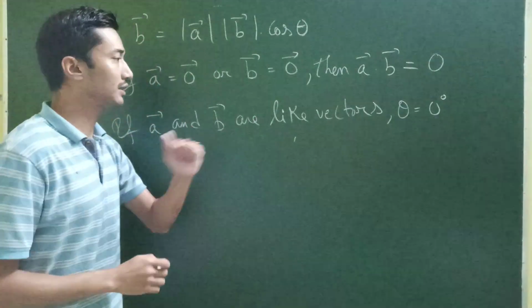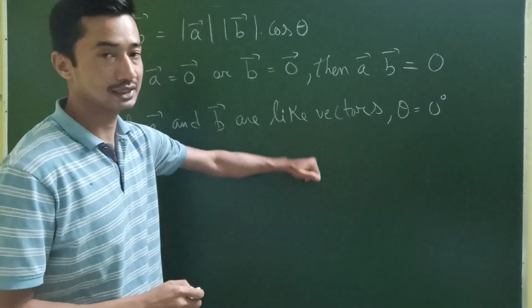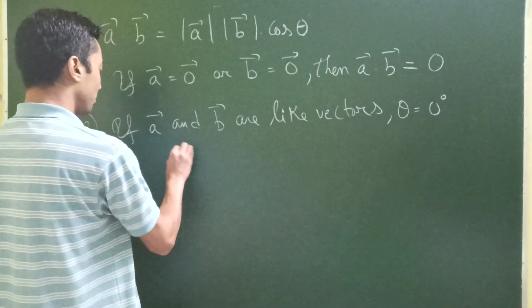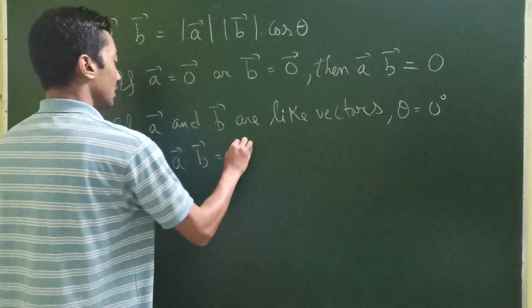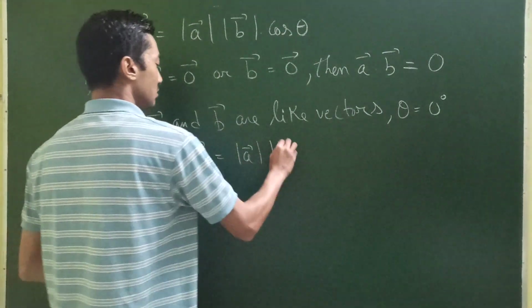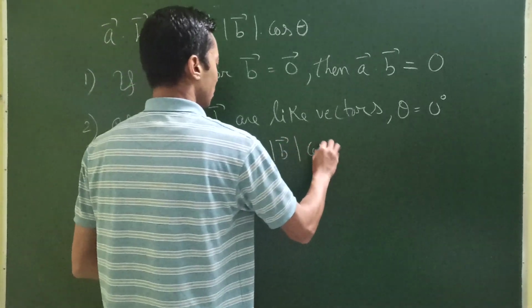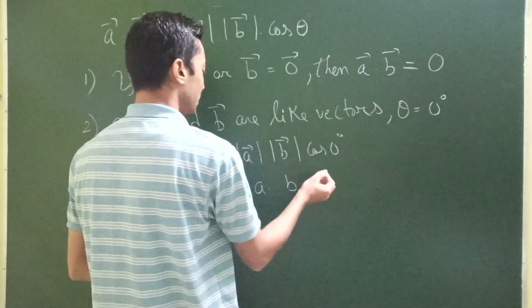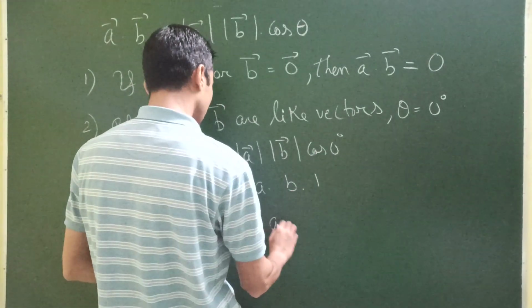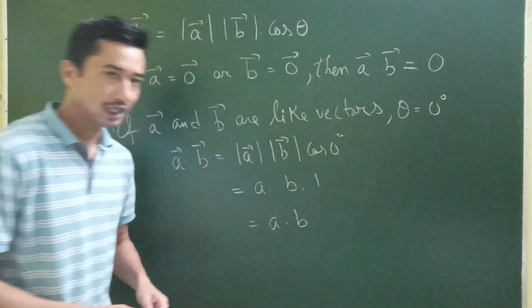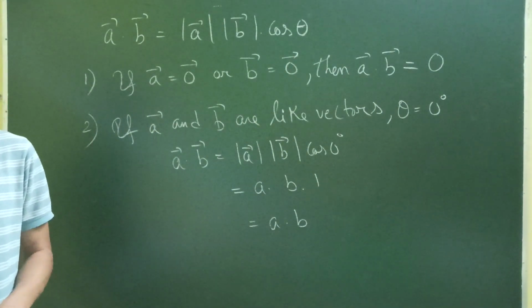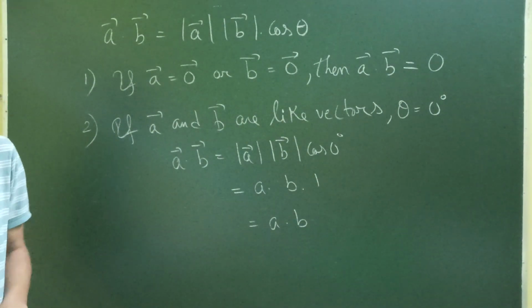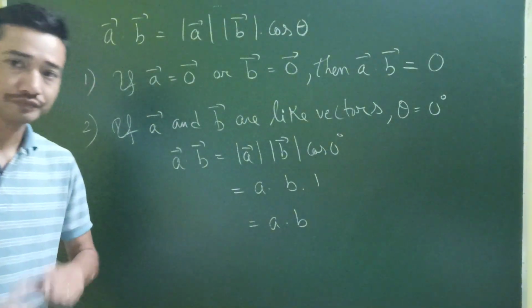So if vector A and vector B are like vectors, that is if theta is equal to 0 degree, then what will happen to the dot product? A dot B will be magnitude of A into magnitude of B cos of 0 degree. So magnitude of A, we just write A, magnitude of B, cos 0 degree is 1. So it is simply going to be A into B, that is magnitude of vector A into magnitude of vector B.